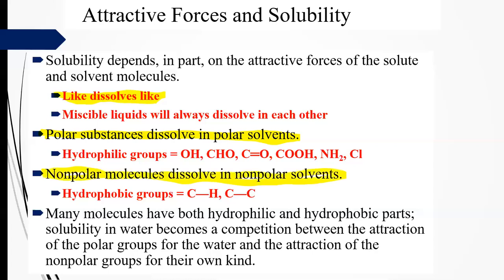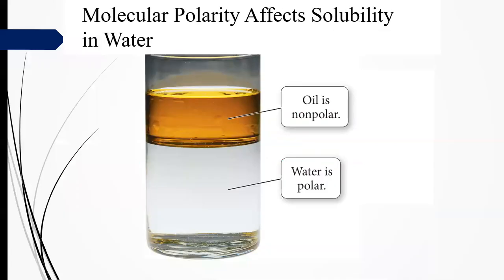And so this is why things like oil and water don't mix. Oil is nonpolar and water is polar, and so these two will stay separated. Because of the strong dipole-dipole forces, the water molecules all stick together, and the oil isn't able to get in there to separate them apart.